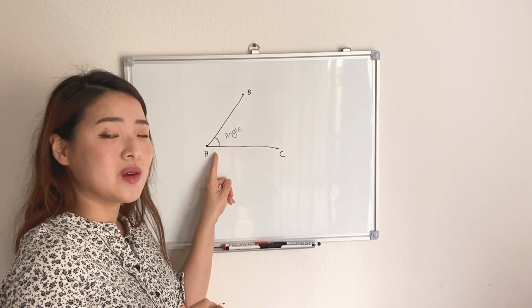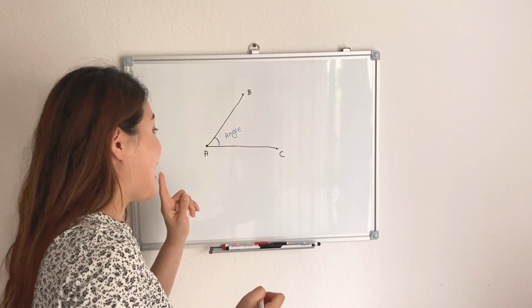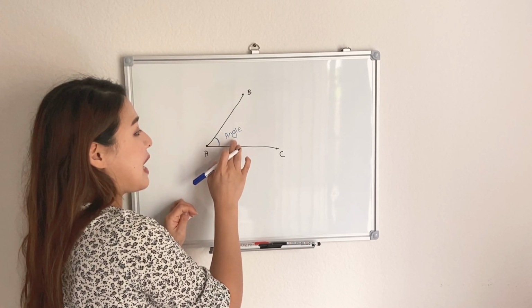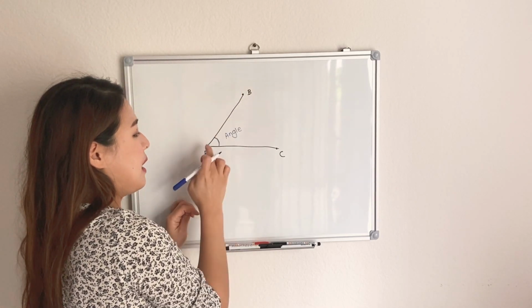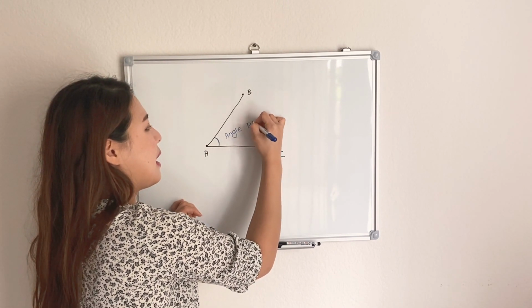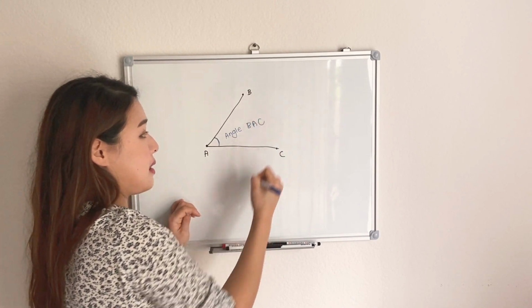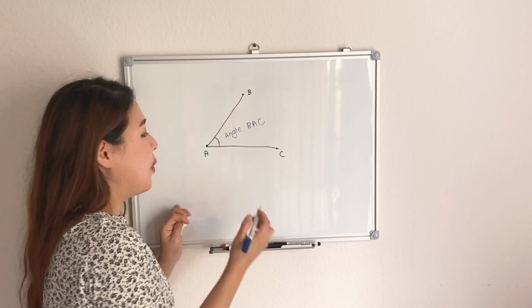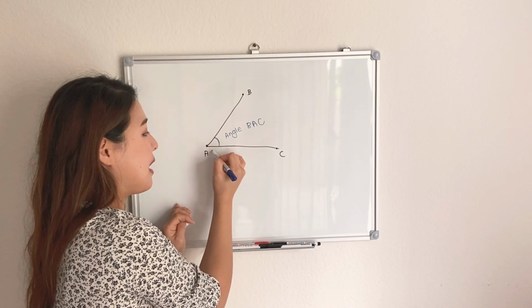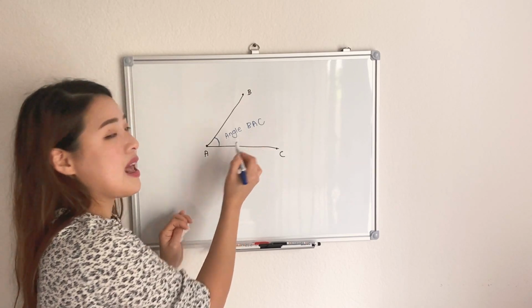It's called an angle. Now this angle has a name. This angle is called angle B A C. Notice how the angle is at point A, so you have to have A in the middle.